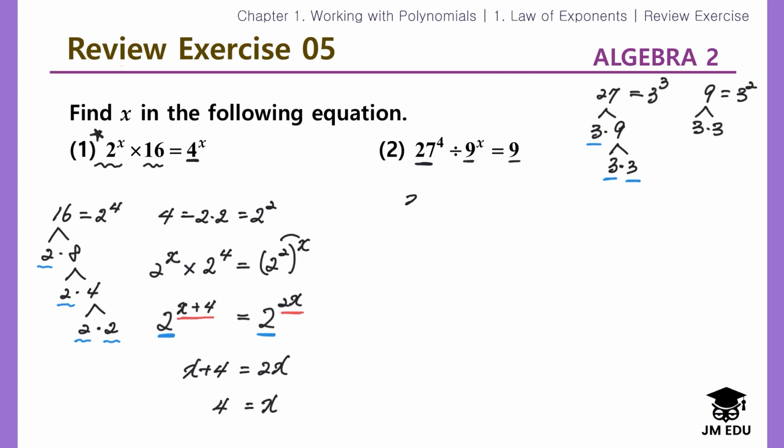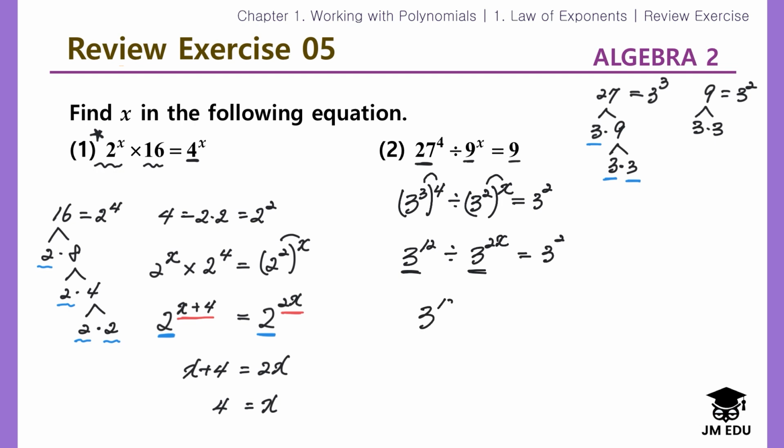So that's 3 cubed, and we have exponent 4, divided by 3 squared, and we have x, is equal to 9, 3 squared. So 3 times 4, that's 12, divided by 2 times x, 3 to the 2x, is equal to 3 squared. Here on the left-hand side we have division, so same base, 3 to the 12 minus 2x is equal to 3 squared.